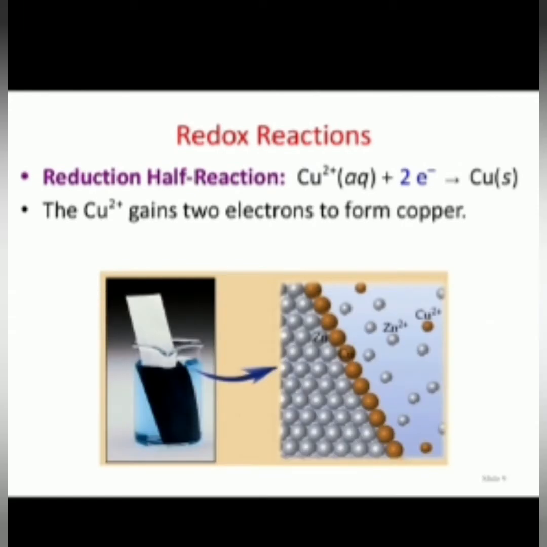Here, the reduction half reaction: copper ion Cu2+ gets 2 electrons. These 2 electrons come from zinc metal. Copper ions, after getting the 2 electrons, are converted into copper solid, and the copper is deposited on the outer surface of the copper strip.